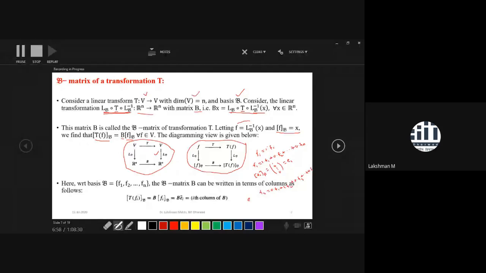This is the pattern to write things in terms of the fi.